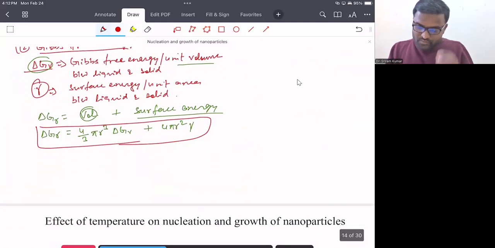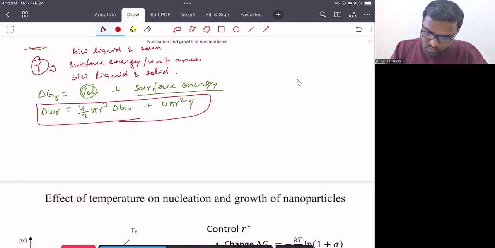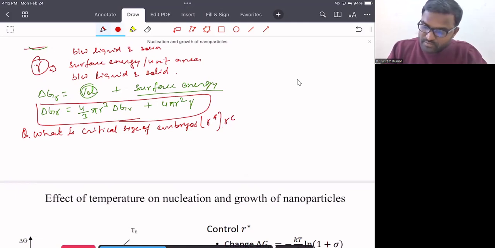Here the question is, what is the critical size of embryos? That is R star, or maybe Rc.